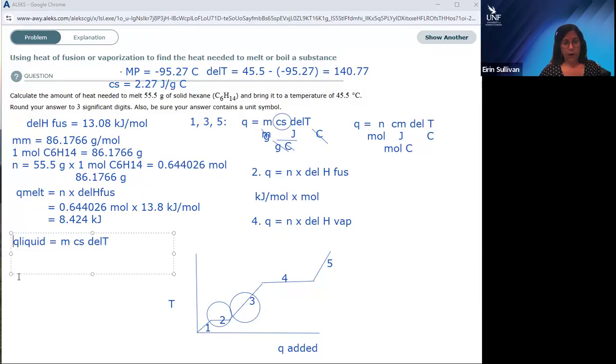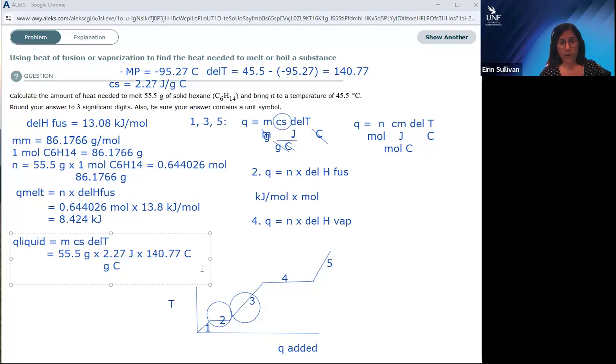We don't need to use the moles this time. We're just going to use the mass in grams, which is 55.5 grams, because that's going to cancel with my specific heat capacity, which is 2.27 joules per gram per degree Celsius. And then we already calculated the delta T as being 140.77 degrees Celsius.